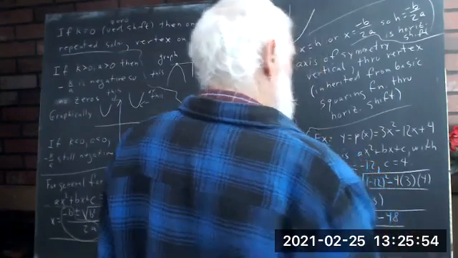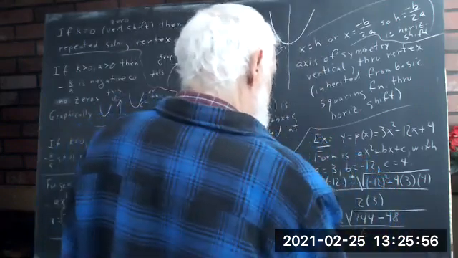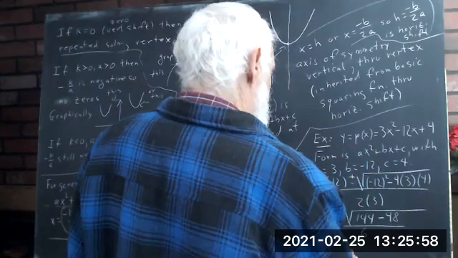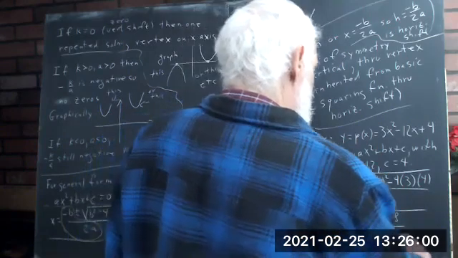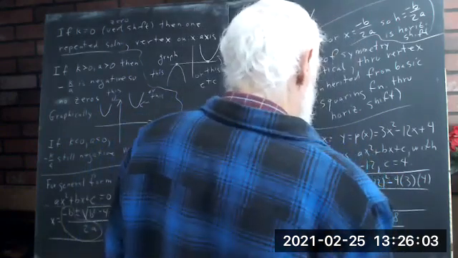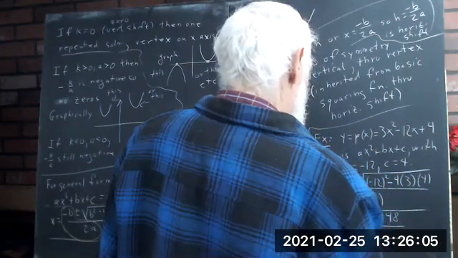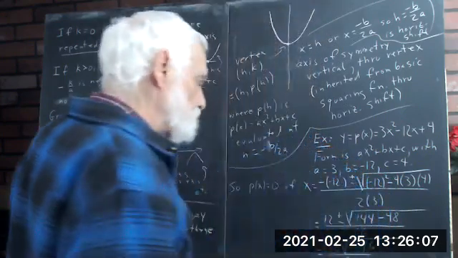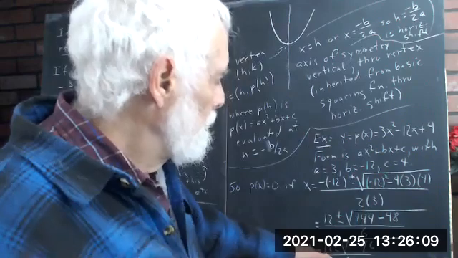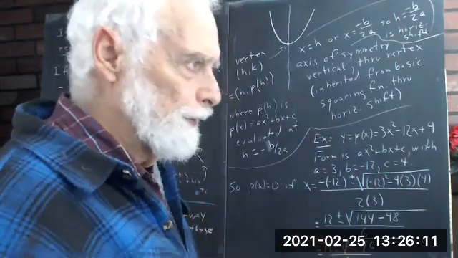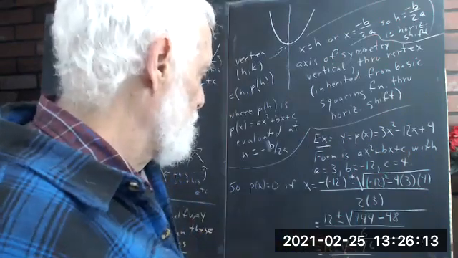All that divided by 6. And that's 12 plus or minus the square root of 96 divided by 6.